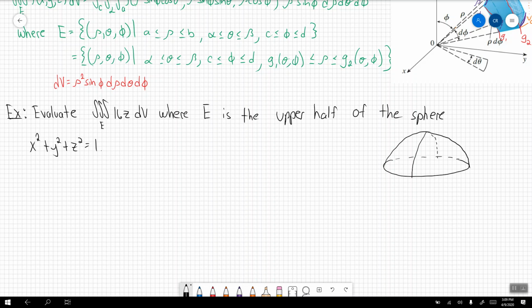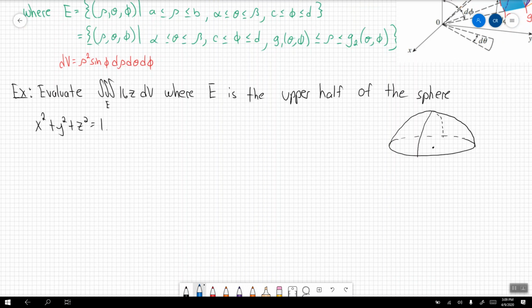So there's the top of the sphere, just that hemisphere that we're looking at. Again, that's going to be centered at the origin, and it's going to have a radius of 1. I'll come back to that in a bit. So far, this is what we're looking at.